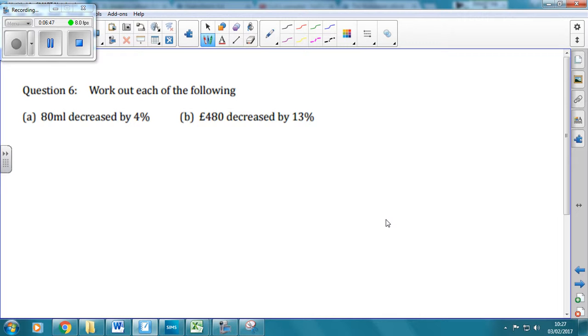So the next one, what we're going to do is decrease something by 4%. So again, imagine you've got your bar, which is 100%. And we're going to decrease that. We're going to snip off the top 4%, which means that we're left with 96%.